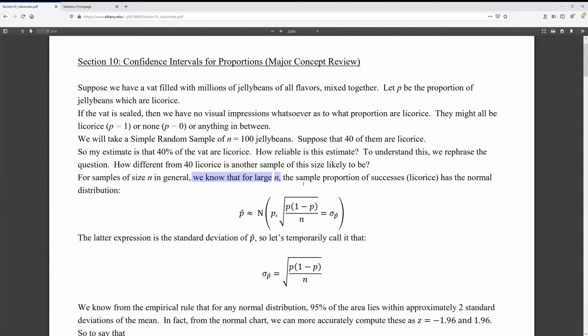So for a large sample, the pattern of randomness for the proportion of licorice we are likely to get, our p hat happens to be 40 divided by 100, but now we're talking about a generic sample of size n, or a generic sample of size 100, where the sample is still in our future, right?